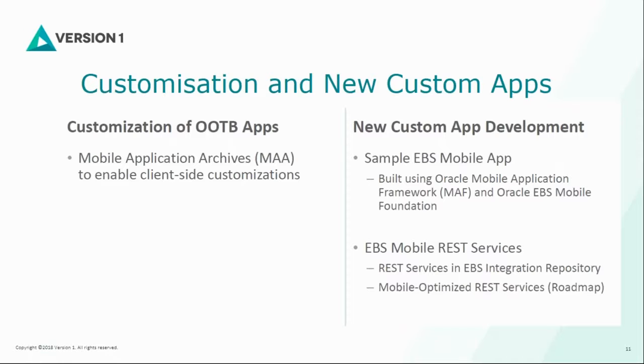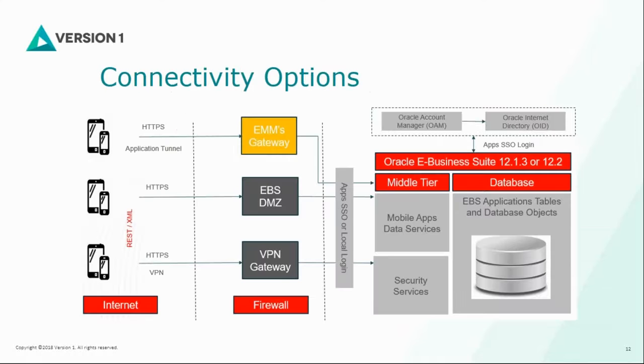Which brings us on to the next topic, connectivity and security. We have three connectivity options to access the mobile apps. Firstly, over the internet through a DMZ configuration. So to access the Oracle E-Business Suite mobile apps over the internet, the Oracle E-Business Suite environment must be set up in a DMZ configuration.